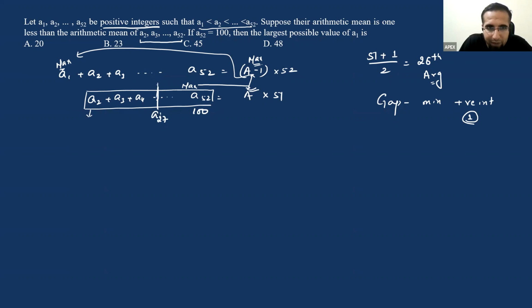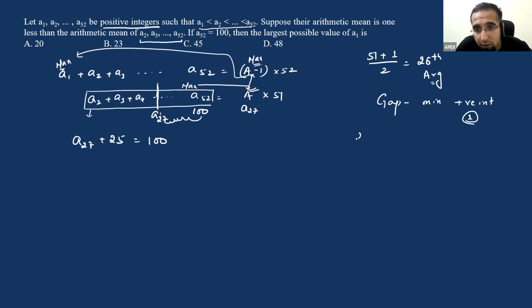Right? So if I want A27's value, so this value is A27. And if A52 is 100 and I start reducing 1, 1, 1, 1, 1, 1, 1, 1, can I say A27 plus 25 more gaps should be equal to A52? Because after A27, you have 28, 29, 30, 31, 32, 33, so on, so on, so on. You have 25 terms till A52. And each term has a gap of 1 each.